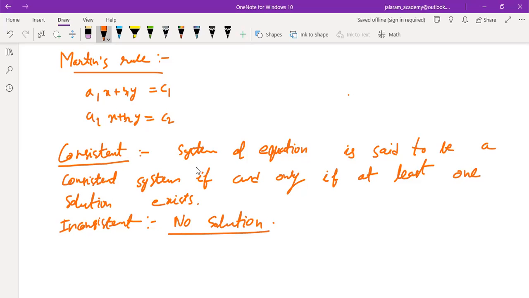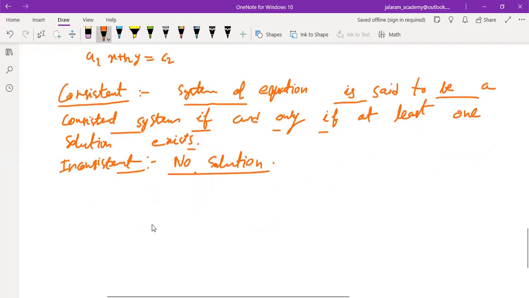Hope you have understood the definitions first.